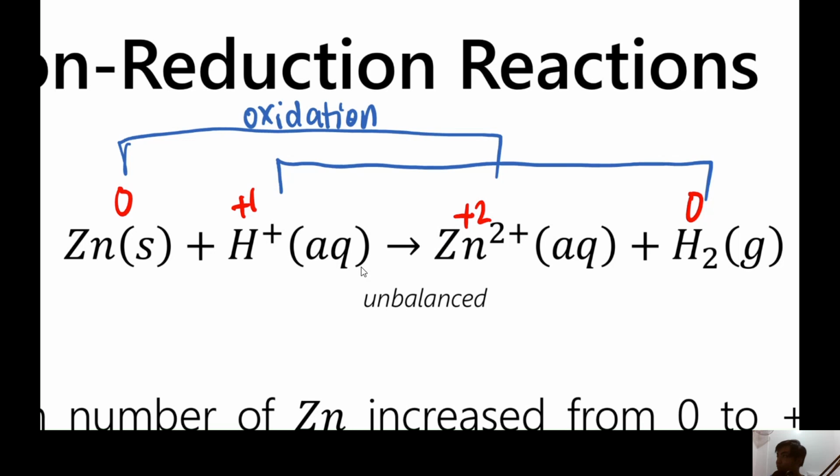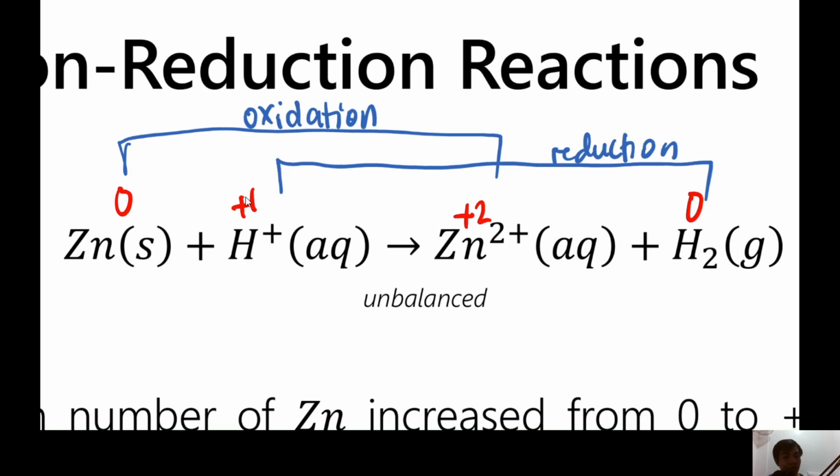For the hydrogen atom, we have positive 1 here, then 0 there. So what is that? That's reduction. Why reduction? Whenever the oxidation number decreases, that's reduction.